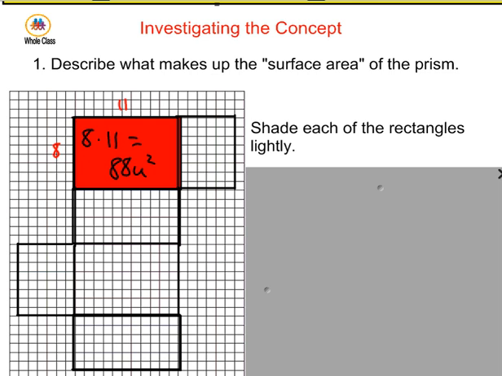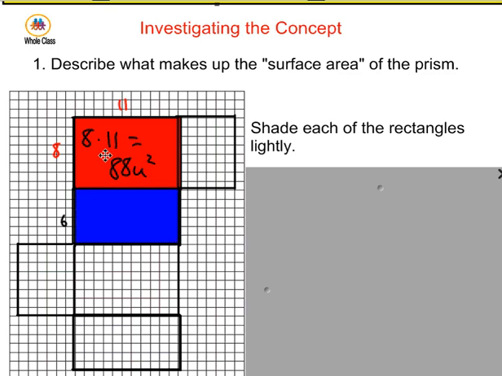Okay? This one would be 1, 2, 3, 4, 5, 6. So if we're measuring this one, and it's 11, we know that. So this area is 66 units squared. This one here is 1, 2, 3, 4, 5, 6, 7, 8 by 1, 2, 3, 4, 5, 6. So this one would be 48, 6 times 8.